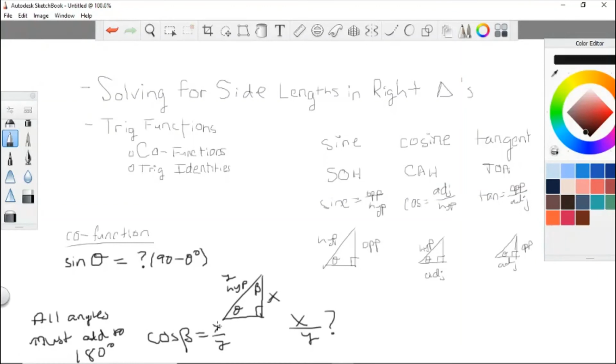So we already have 90 out, so theta plus beta must equal 90, because 180 minus 90 is just 90. So theta is equal to 90 degrees minus beta. And it's as simple as that. So what is the cofunction of sine? The cofunction of sine is cosine.